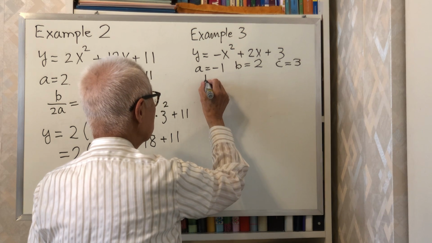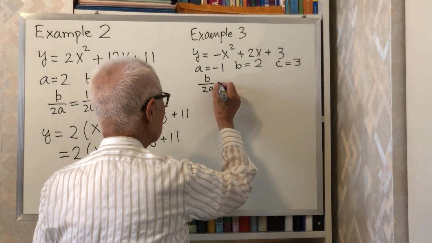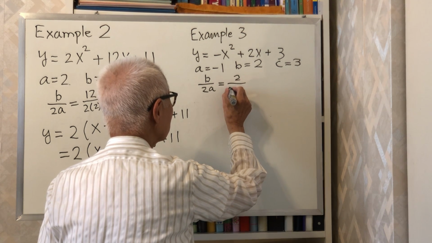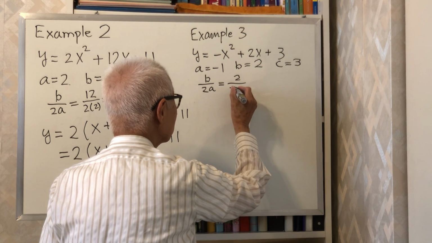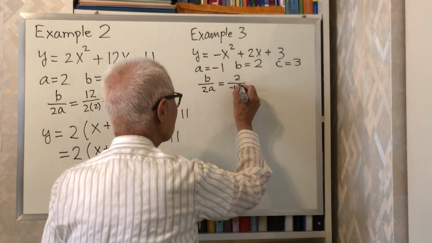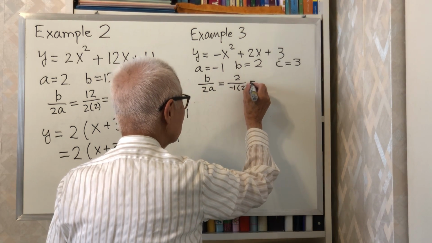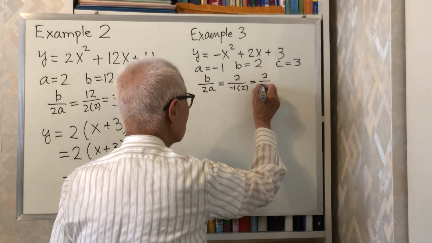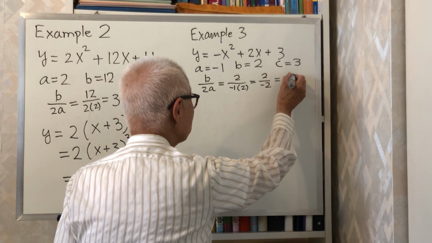So b over 2a is 2 over 2 times minus 1, which is 2 over negative 2, equal to negative 1.